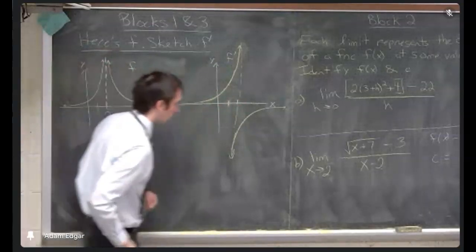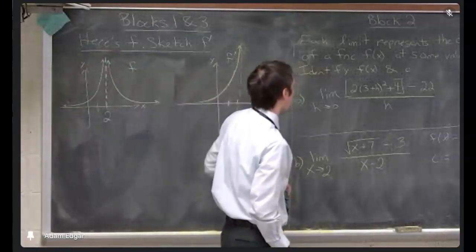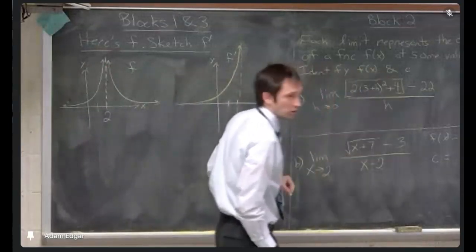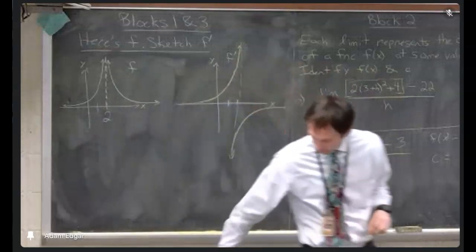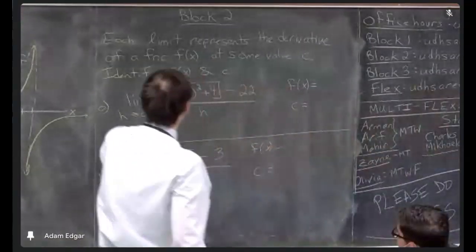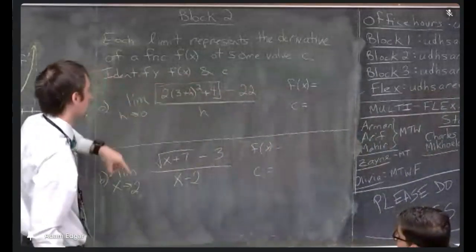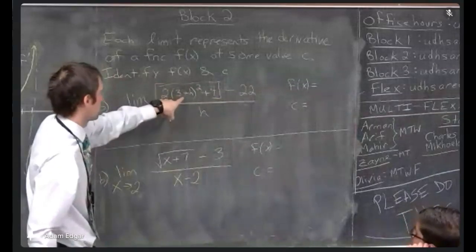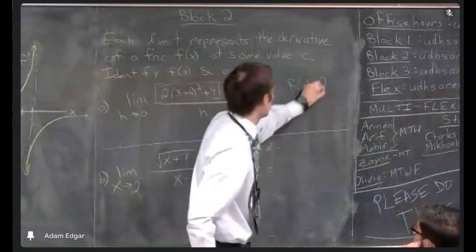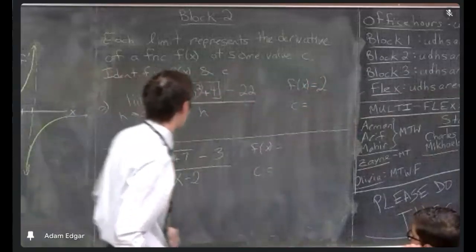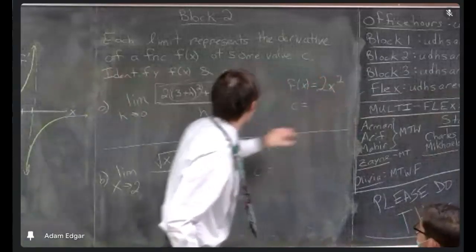Number block 2. So the first half of the numerator is trying to tell you what your function is. So what's the function that we're differentiating here? 2, and then this whole thing is just a stand-in for x squared, and then plus 4.